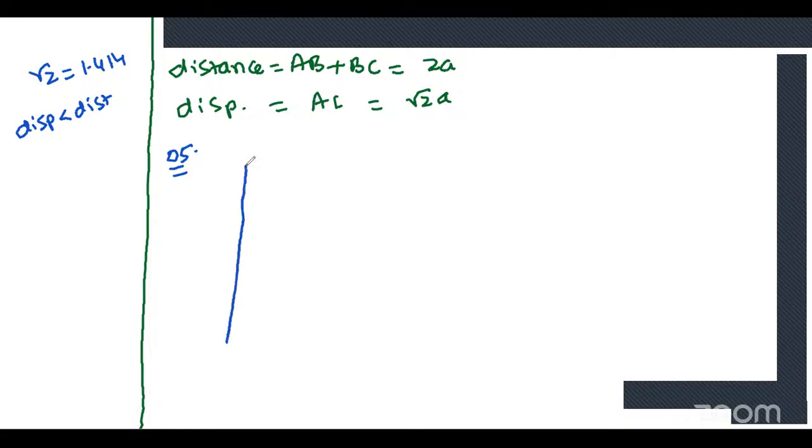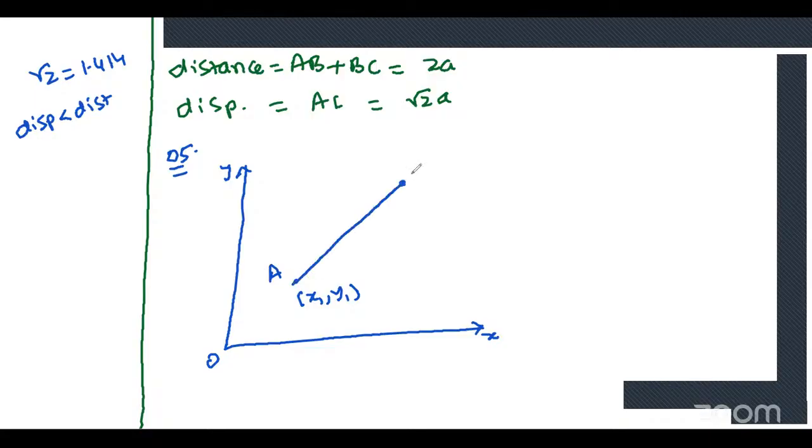Let us consider a Cartesian coordinate system. Initially the particle is at position x1, y1. After some time, the particle moves to B along this path.